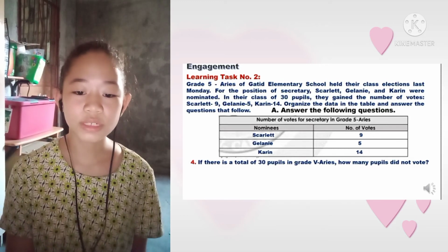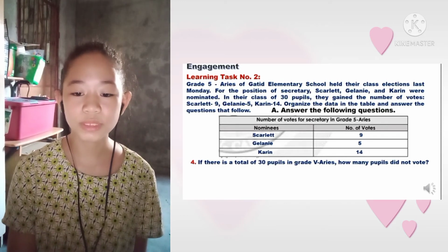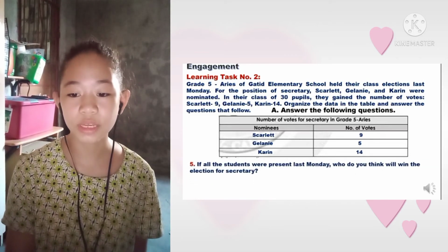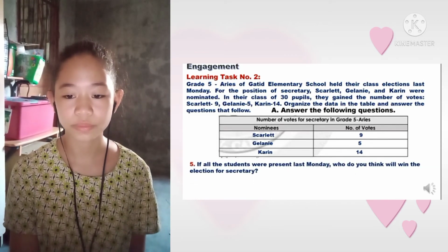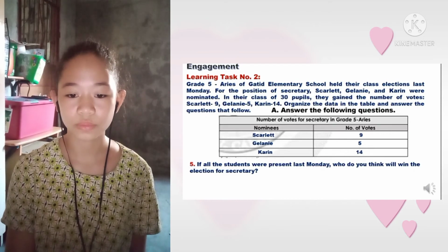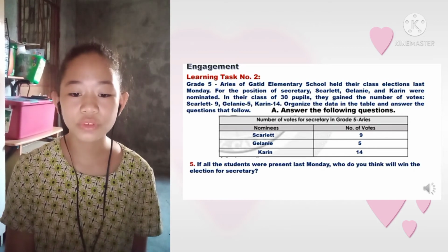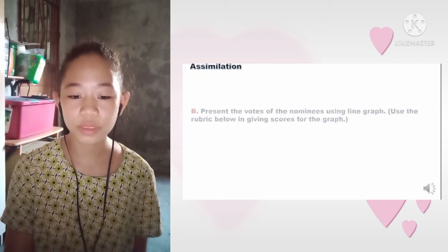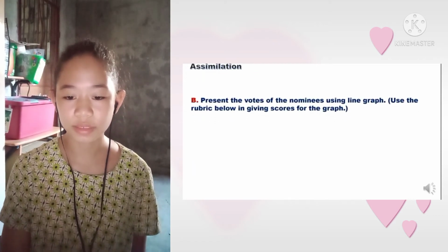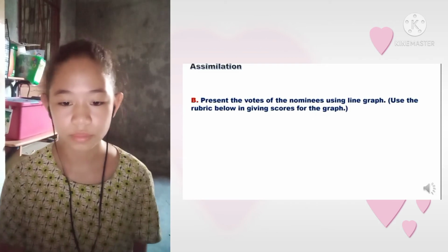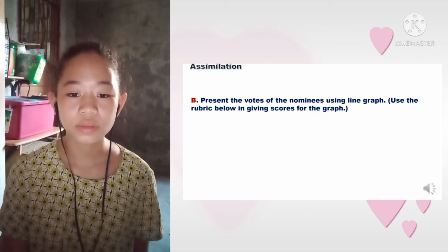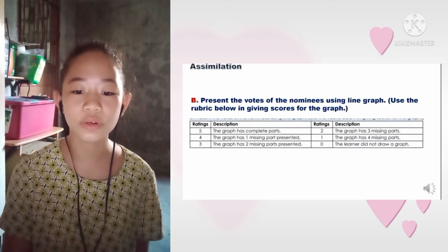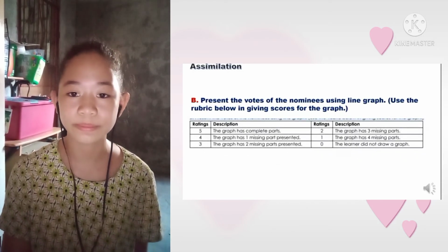If there is a total of 30 pupils in grade 5 Aries, how many pupils did not vote? If all students were present last Monday, who do you think will win the election for secretary? Then show the votes of the nominees using a line graph, using the rubrics below in giving a score for the graph.